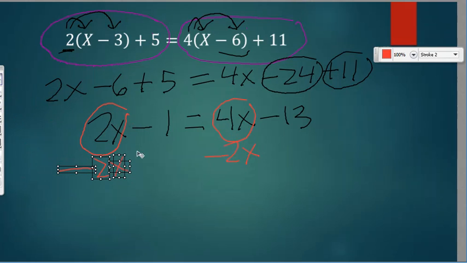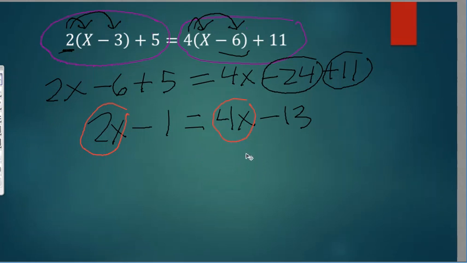Or we have another option, and that is to subtract 4x from both sides. It doesn't matter which of those options you choose. Both of those options get the two terms that have the same variable on the same side.